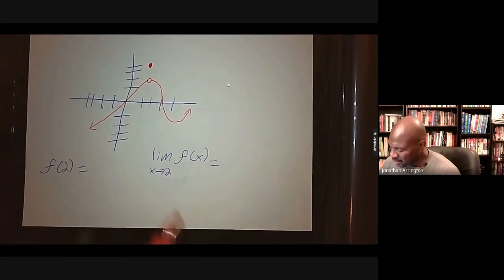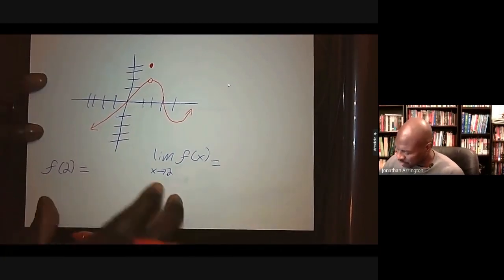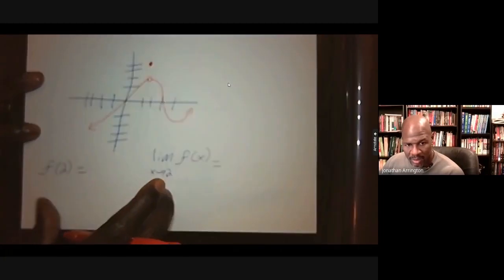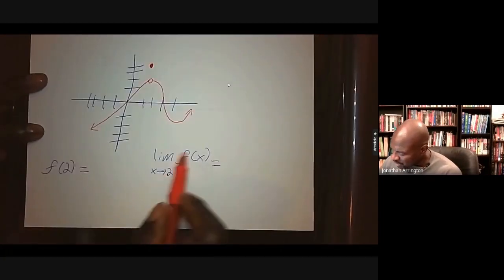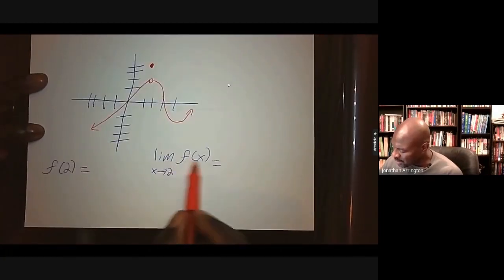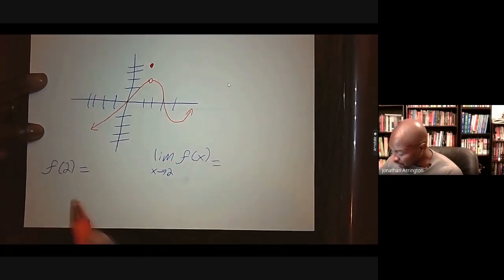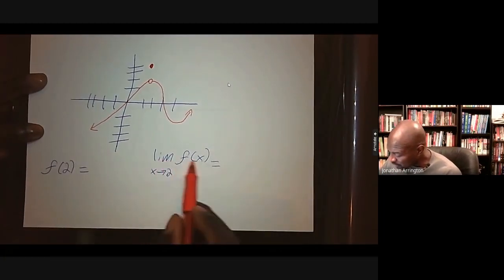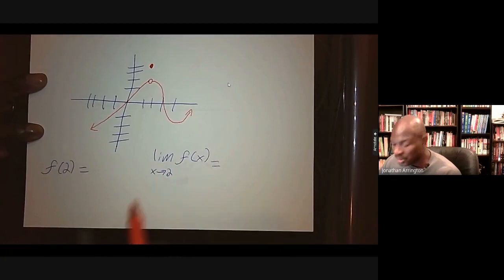So I want to talk about the limit for a second, and there's a reason I'm finding both of these, which you'll find out a little bit later. And I want to show you how this is read. So this is limit notation, and it is read: the limit of f of x as x goes to 2, or the limit of f of x as x approaches 2.